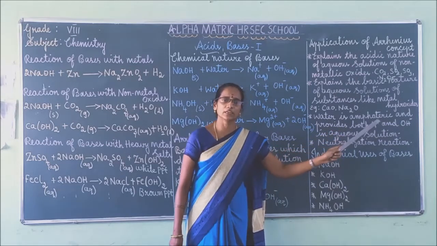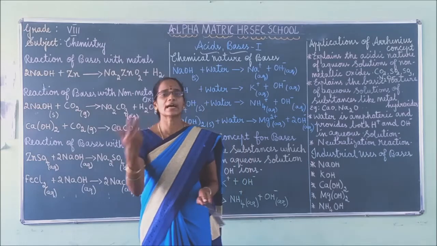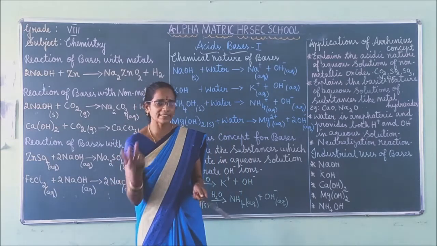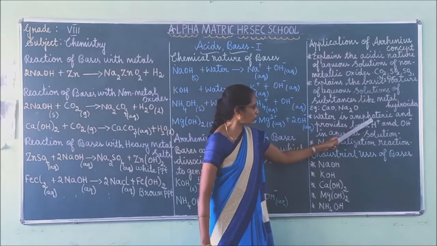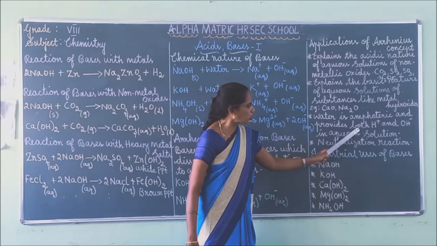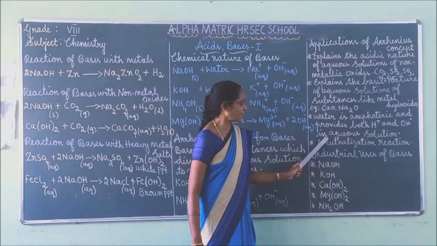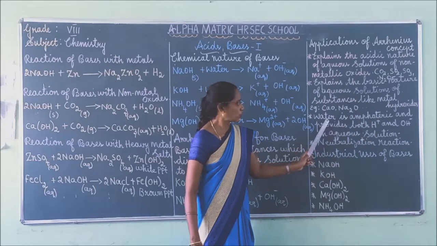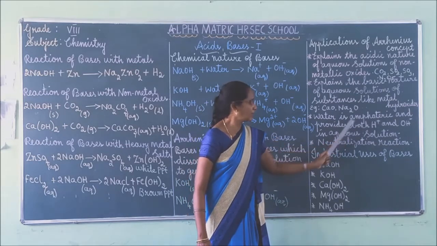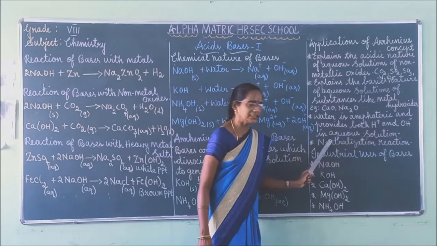Amphoteric means it explains both acidic as well as basic nature. So water is amphoteric and provides both H plus and OH minus ions in aqueous solution.